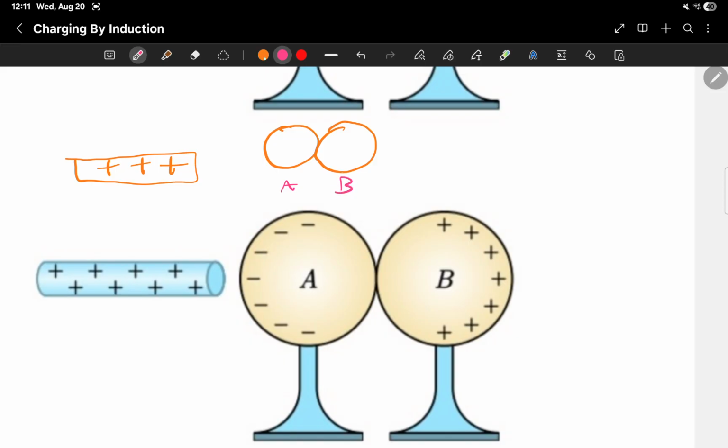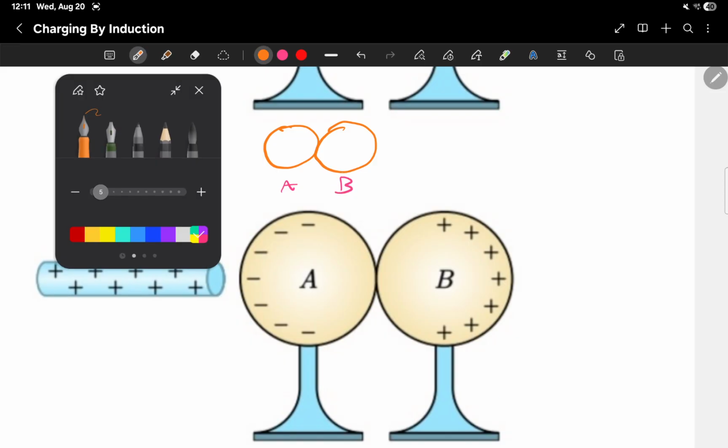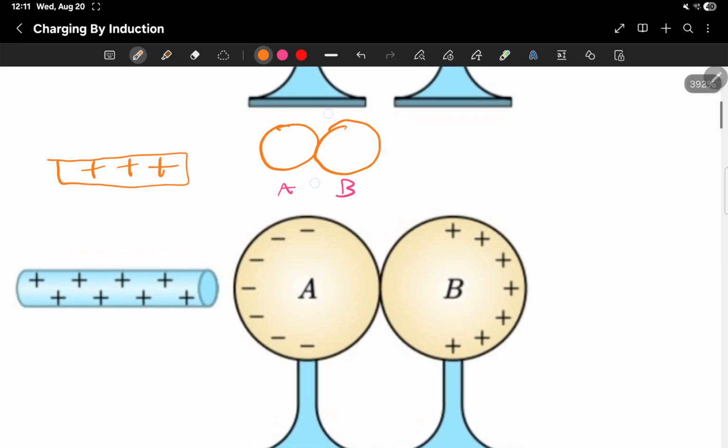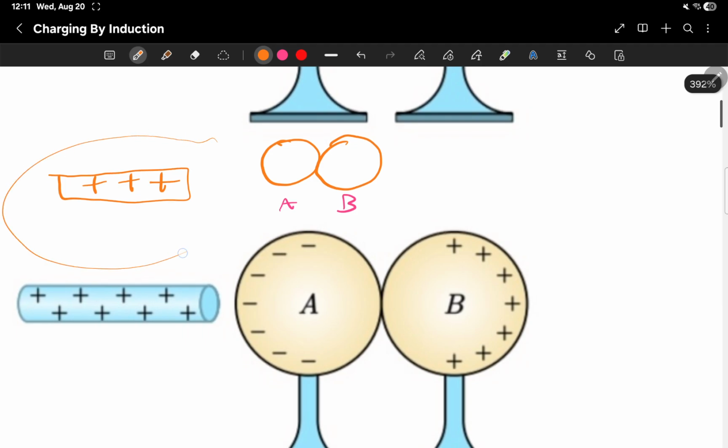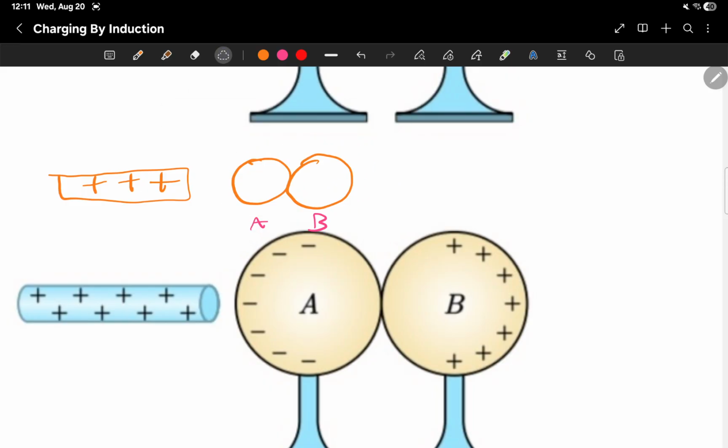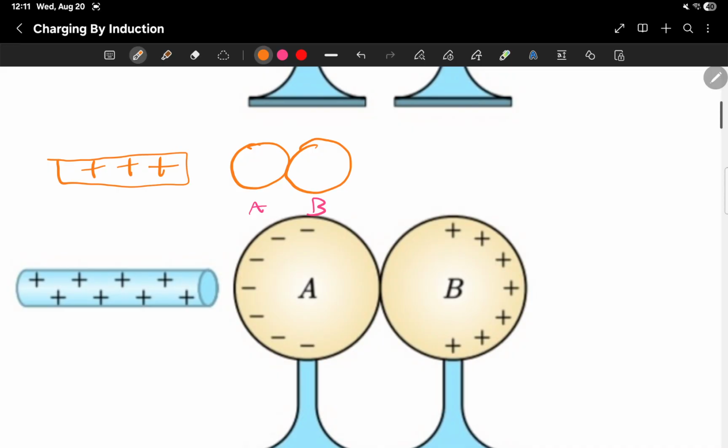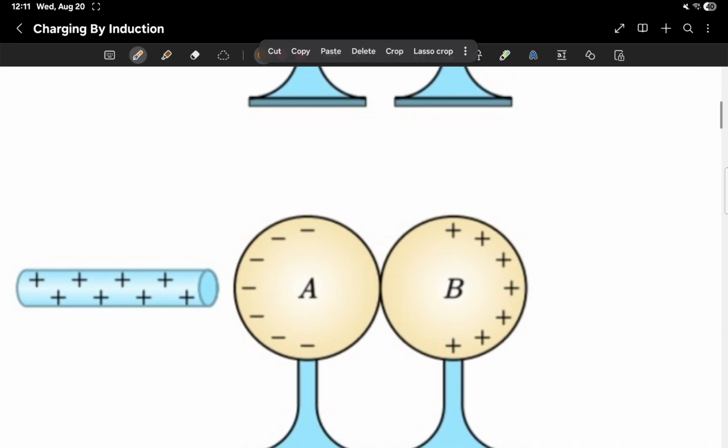Sphere A, sphere B. When you brought the glass rod at a distance from the two touching metallic spheres, this created a dipole.